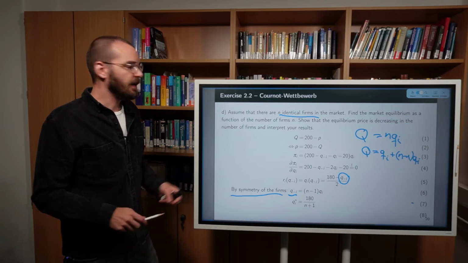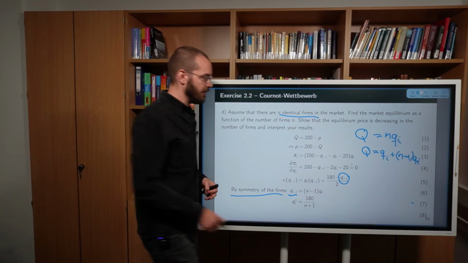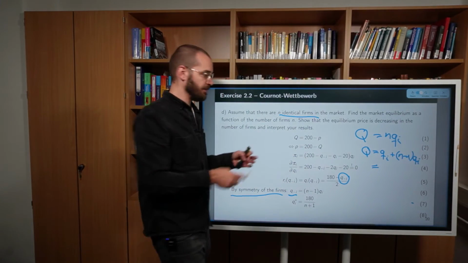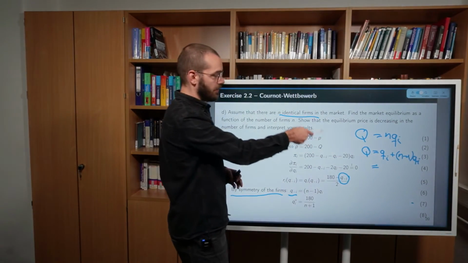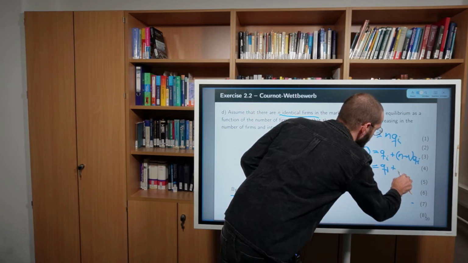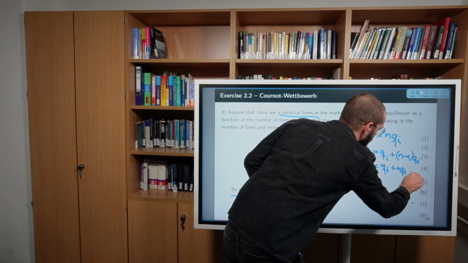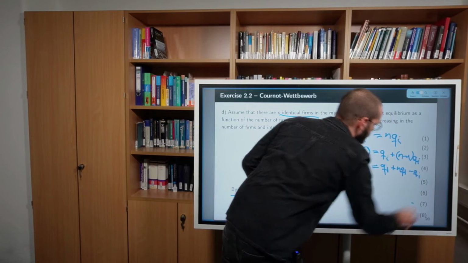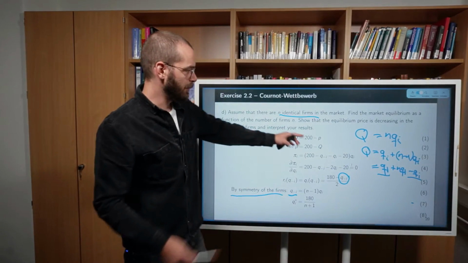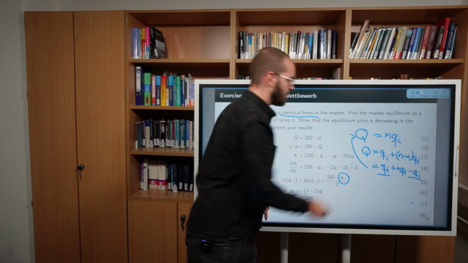Right. Mathematically, of course, it's really easy to convince yourself that this actually must be true, because if you were to rephrase this expression, what is written here is Qi plus n times Qi minus Qi, okay? And now Qi and minus Qi cancel out, so we are again at this initial expression, okay?